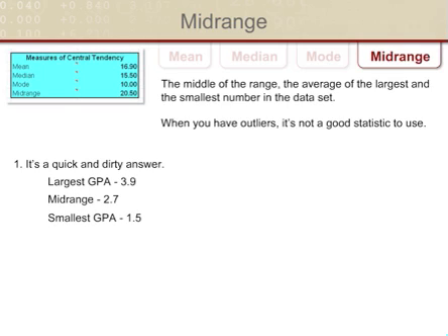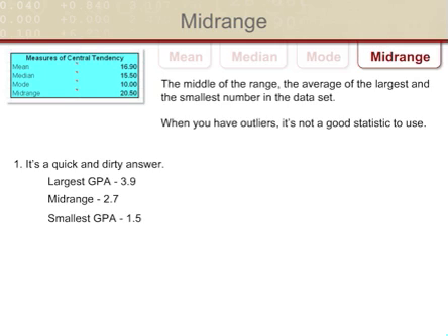So basically I'm computing a midrange. If I don't want to go through the trouble of typing all the numbers in and doing a lot of number crunching, I can quickly come to what the midrange is, and that might give me a ballpark idea of where the median falls even.